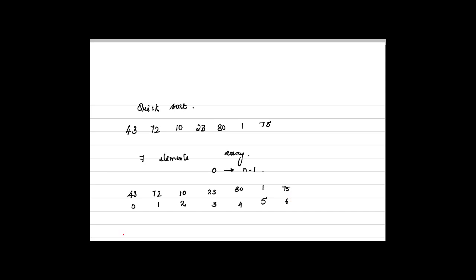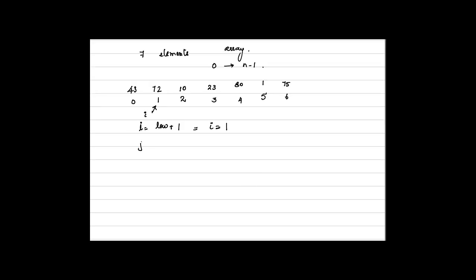As per our algorithm, we have assigned I is equal to low plus 1. So the low is 0, so I will now be assigned 1. So index I will point to the element with array index 1. J is equal to up, means at the high end.